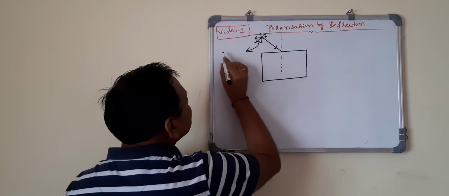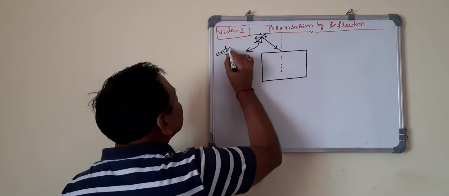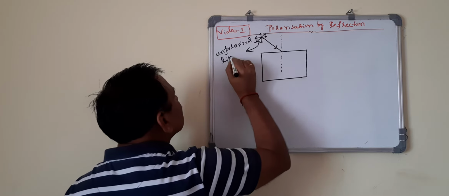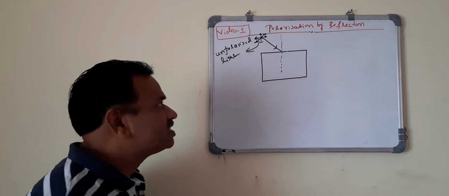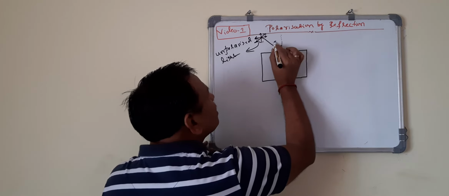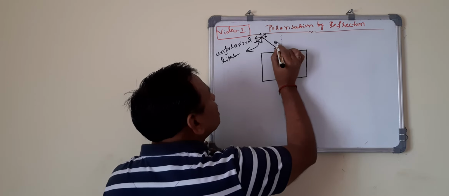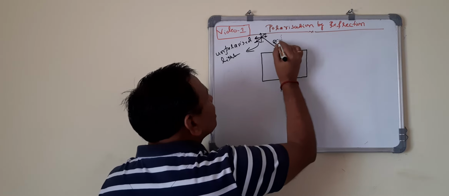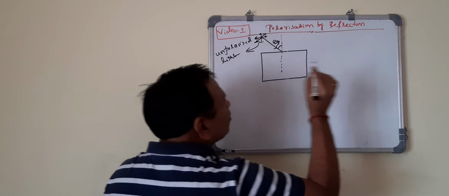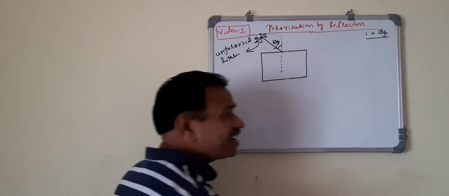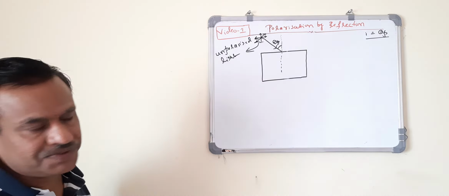This is called unpolarized light. This is called the angle of incidence. I will call it theta p. Why I am calling it theta p, I will tell you later. This angle is called theta, that means i equals theta p, which you call the polarizing angle.